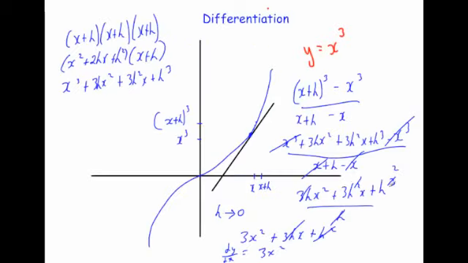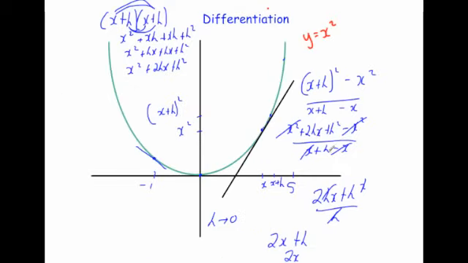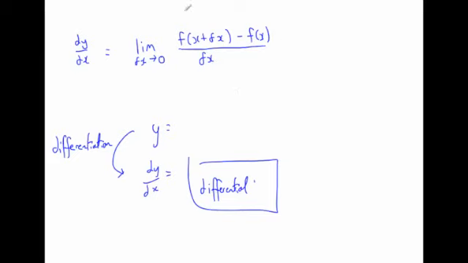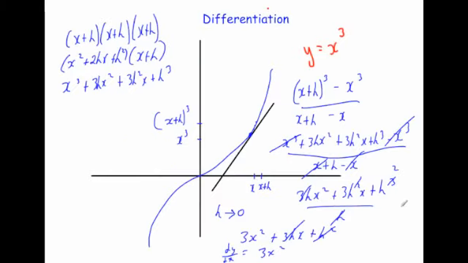As you notice, we always had h on the bottom line, and that's where the delta x comes from. So this is another version of the formula, and you find the limit as delta x tends to 0, in other words, as our h tends to 0. That's just another way of doing what we've just done.